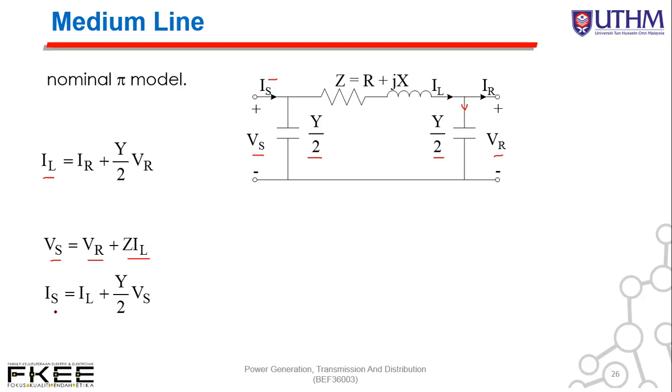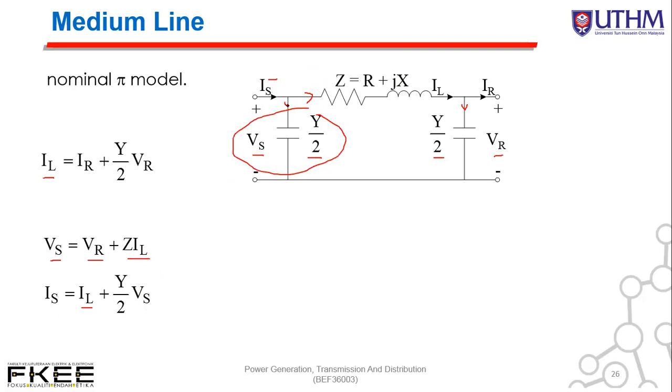And we can also get IS, the sending current, equal to IL, because IL is the same from the start of the transmission line, plus Y over 2 Vs. Y over 2 Vs is the current flowing through this part.